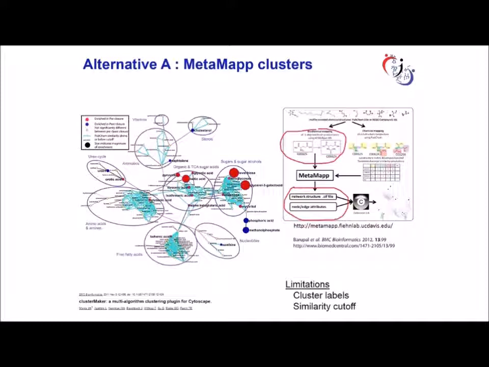Visualization of such a graph highlights different metabolic clusters or modules, such as organic acids and TCA cycle compounds, free fatty acids, nucleotides, and so on. These clusters can be detected automatically using known cluster detection algorithms. They are readily available within Cytoscape using a plugin known as ClusterMaker.